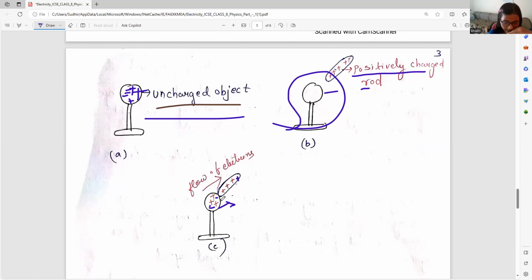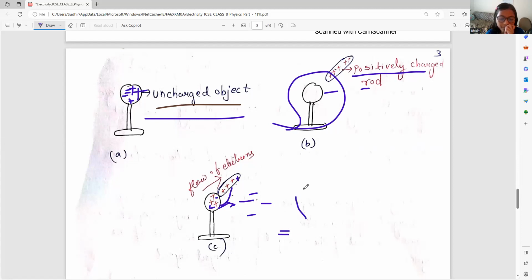Then the ball will pass its electrons to the rod.